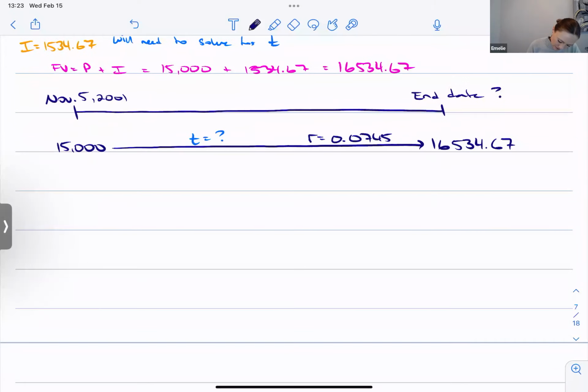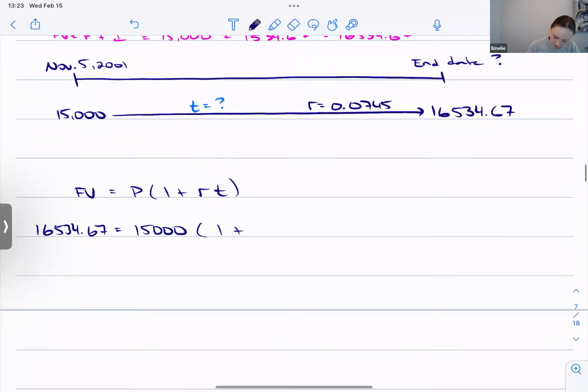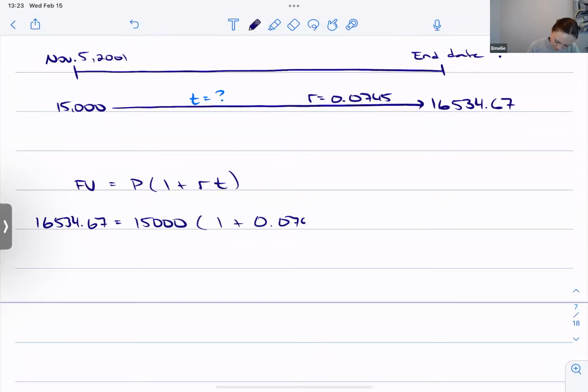So the future value is the present value times 1 plus r times t. So the future value is 16,534.67. The principal amount was 15,000 times 1 plus 0.0745 times t, which we're trying to solve for.